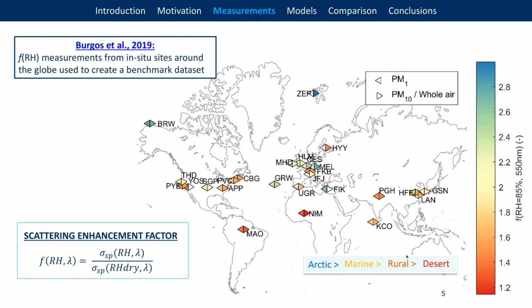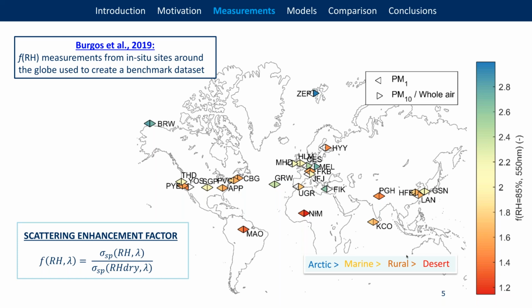So as I said at the beginning, I'm going to be comparing in situ measurements with model output. So let me present first the measurements. The measurements I'm using here are a data set that we created in the first part of my postdoc. We brought together measurements from over 26 sites around the globe, accounting for many different aerosol types.